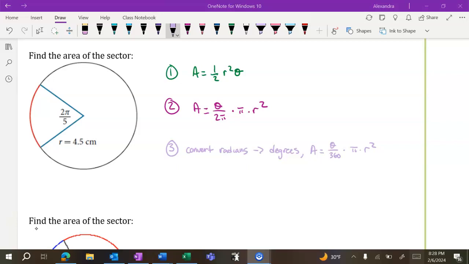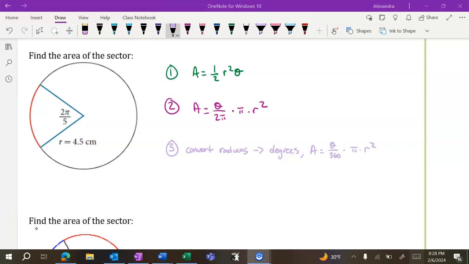Or third option, we can convert to degrees, plug that in and solve. But again, all of this is the same math. We're going to get the same answer. So to solve this equation right here, I'm going to quickly just do this first method. But again, any of these three methods will get you the right answer.